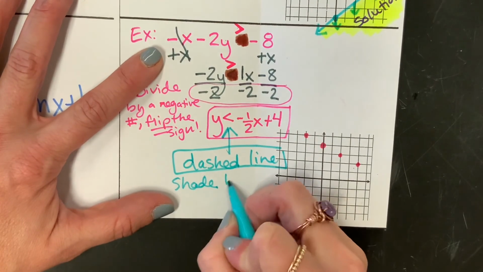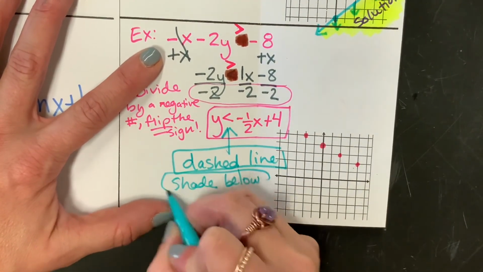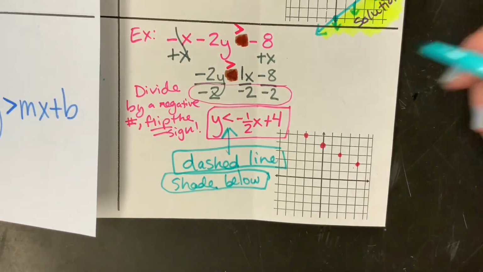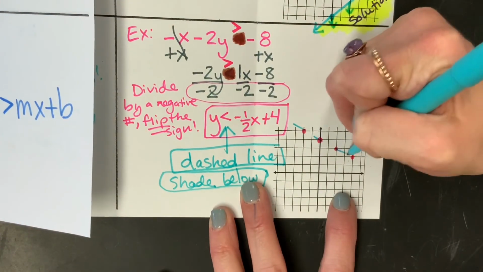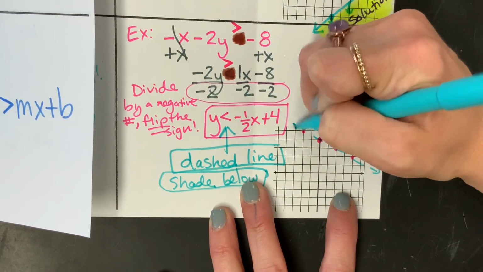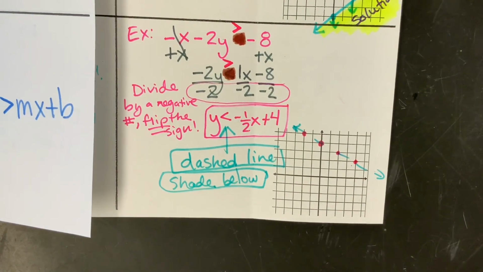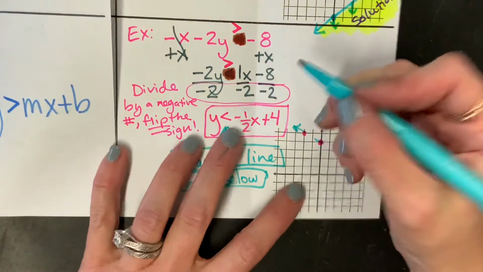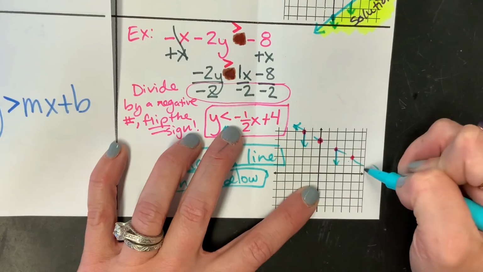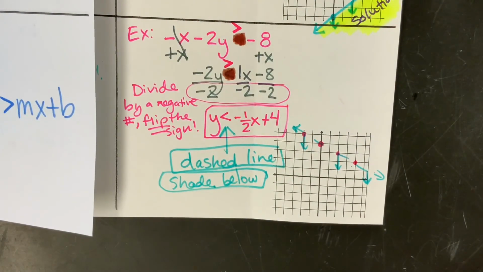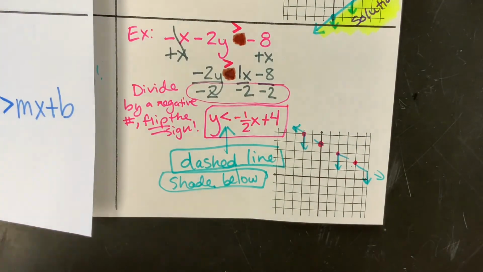Shade down. Shade below the line. So I'm going to make a dashed line, and I'm going to shade below. If I went to some points and I drew down, I can easily tell which half plane I'm going to shade.